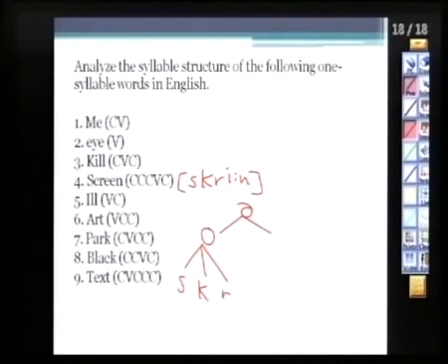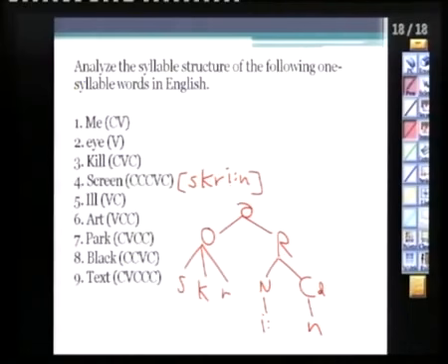Then you have the rhyme, and the rhyme consists of a nucleus, the vowel e. Then I also have a coda. With the coda, I'm going to write C and a small d to say this one actually stands for a coda and not a consonant. You see how we do it? How we analyze the structure of the word screen?